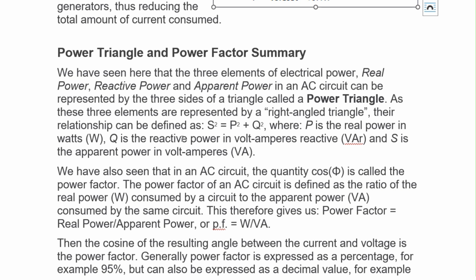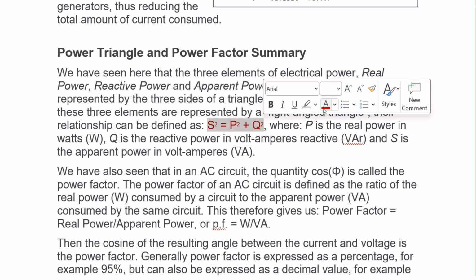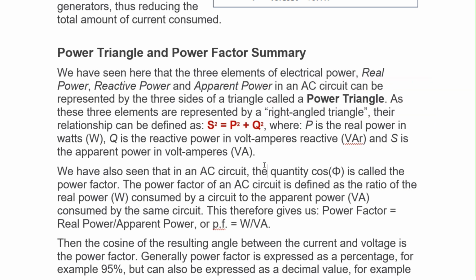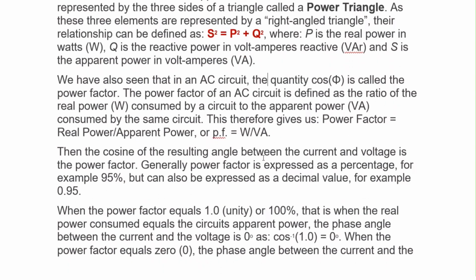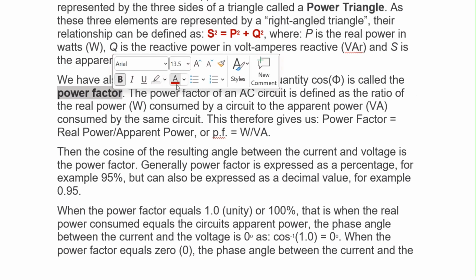As these three elements are represented by a right angle triangle, there is a relationship S square equal to P square plus Q square, where P is the real power, Q is the reactive power, and S is the apparent power of the circuit. We have also seen that in the circuit, quantity cos phi is called power factor. Power factor, all these things are discussed.